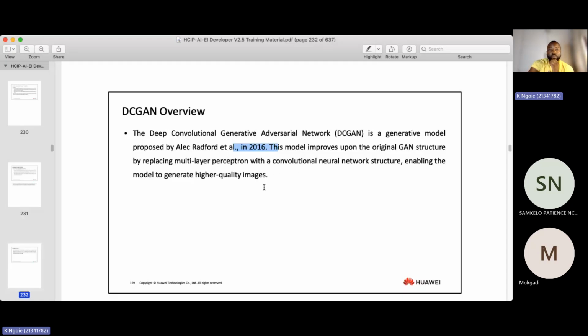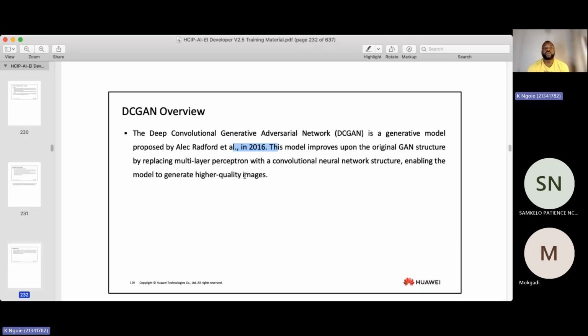The main motivation was that early GANs were just using fully connected or dense layers, which didn't work well for images.